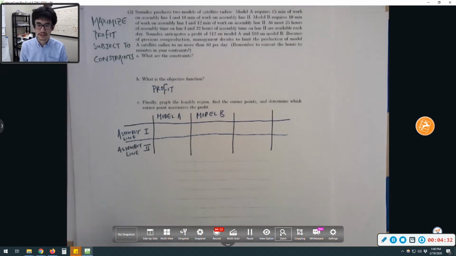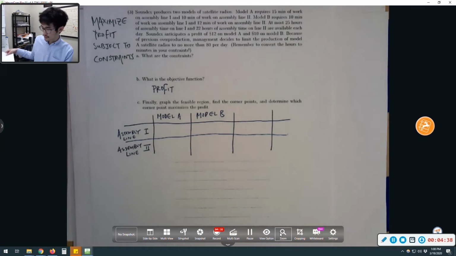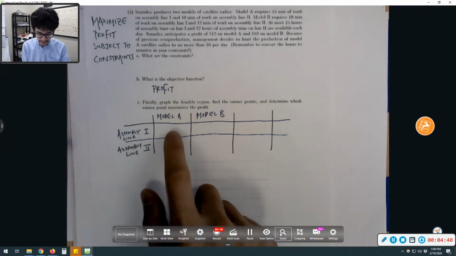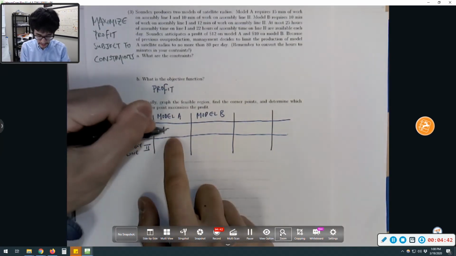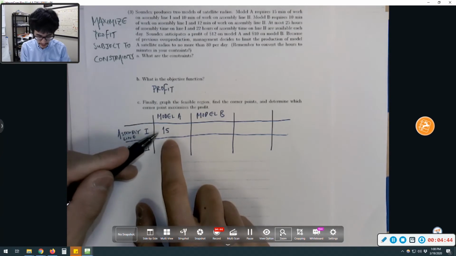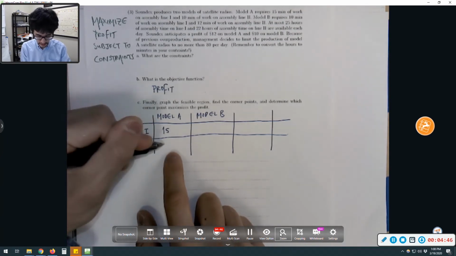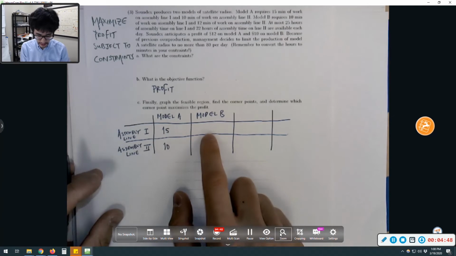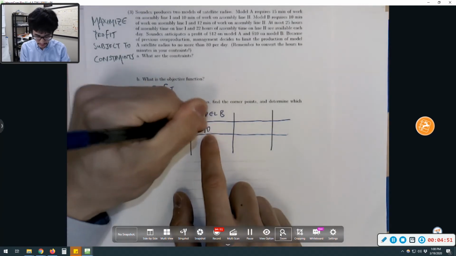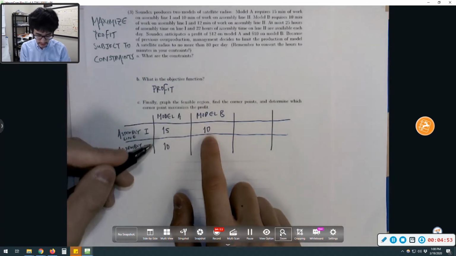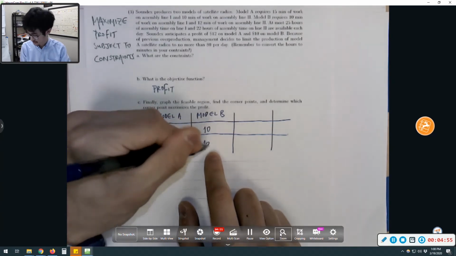Okay, so we filled this table out, and what we ultimately wrote down was that Model A needs 15 minutes on assembly line 1 and 10 minutes on assembly line 2. Model B needs 10 minutes and then 12 minutes on assembly line 2.